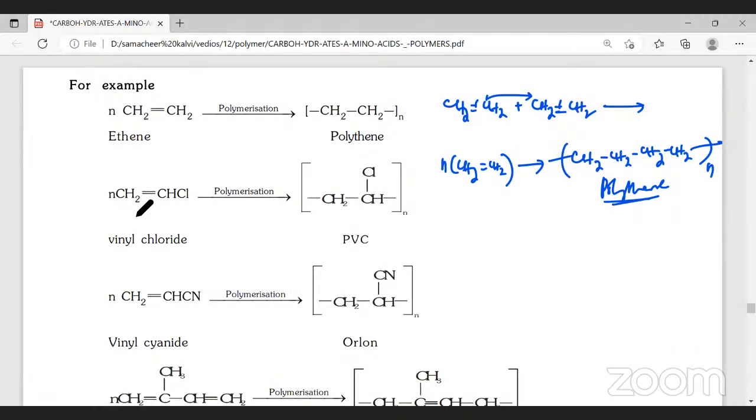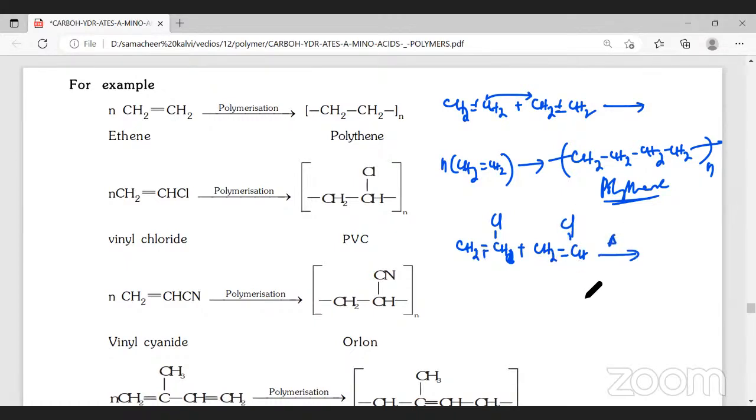The second example is polyvinyl chloride. This is the vinyl group, vinyl chloride. Another vinyl group, if we write like this, and at necessary conditions, when we heat, the pi bonds will break and we get CH2, single bond CHCl, single bond CH2, single bond CHCl.